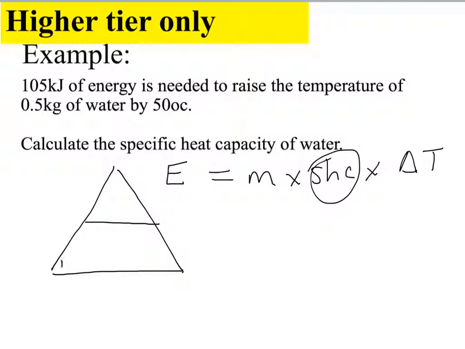So that means that mass, specific heat capacity and change in temperature all need to go at the bottom, and that leaves us with energy at the top. The thing that we're trying to calculate is the specific heat capacity. So let's write that out here, then cover it up, and we are left with energy divided by mass times the change in temperature.